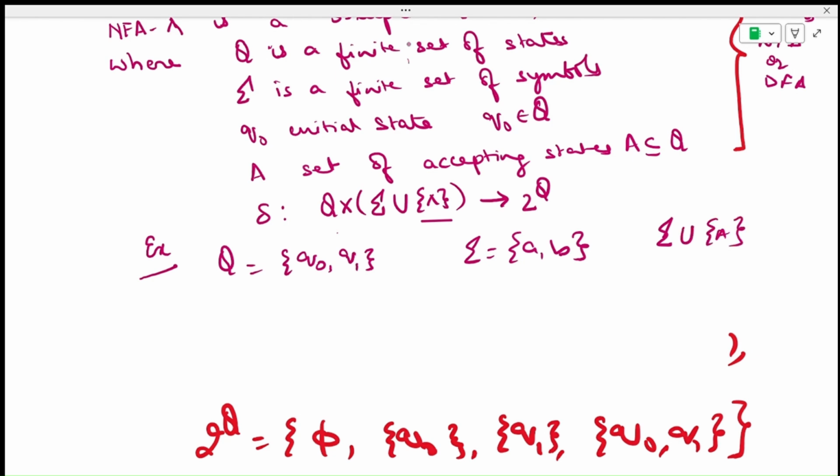Now in this set we have null, A and B. And in the power set we will have phi, Q0, Q1, Q0 Q1.